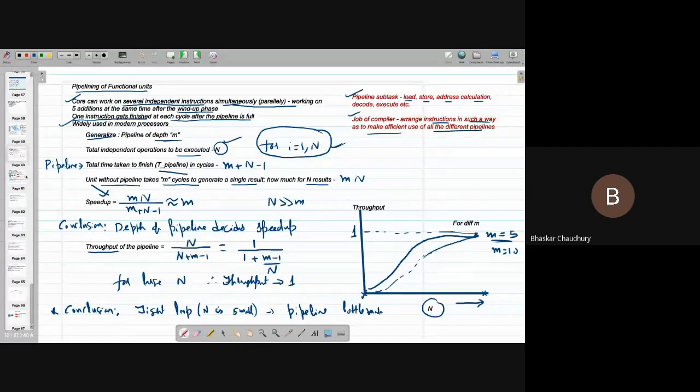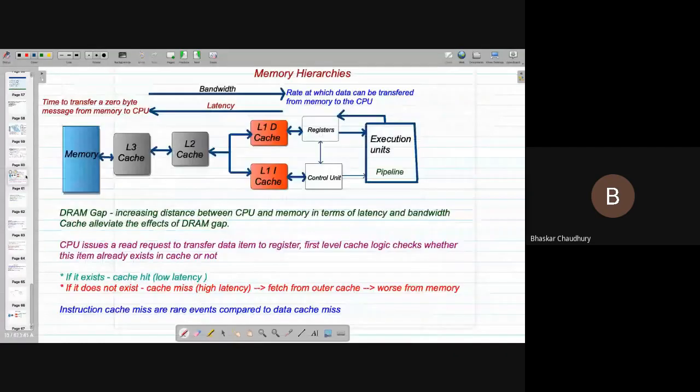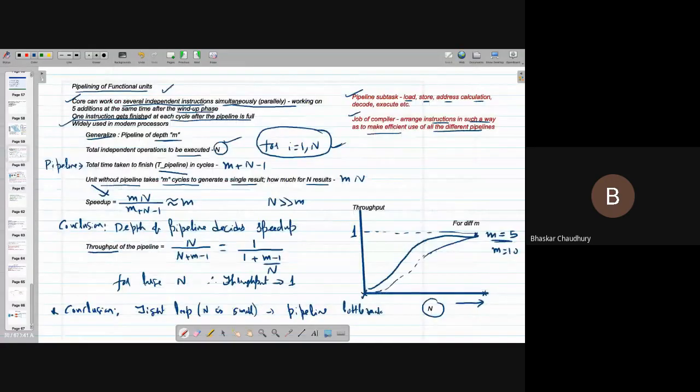Now let us again come back to the data part. Till now what we have done is just looked into the execution unit. We have discussed that there is a pipeline in these execution units, the pipelining of functional units, which is present somewhere here.